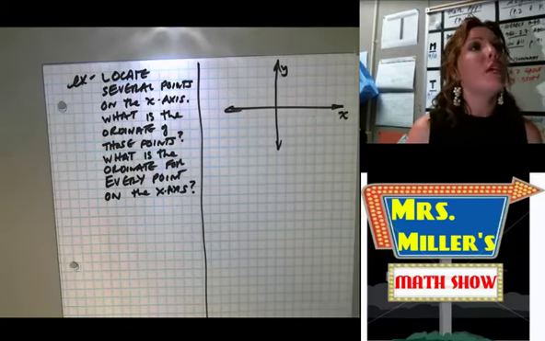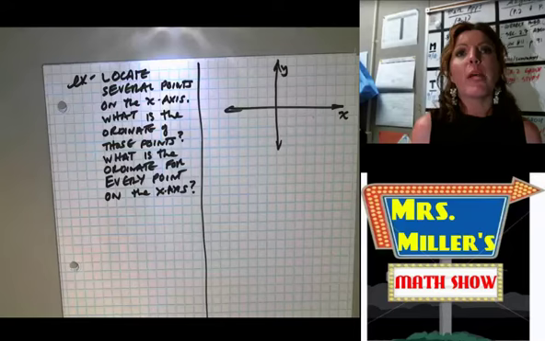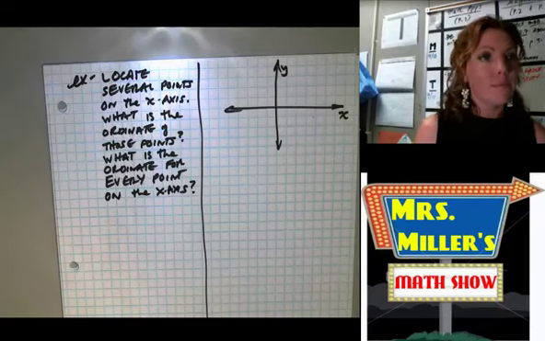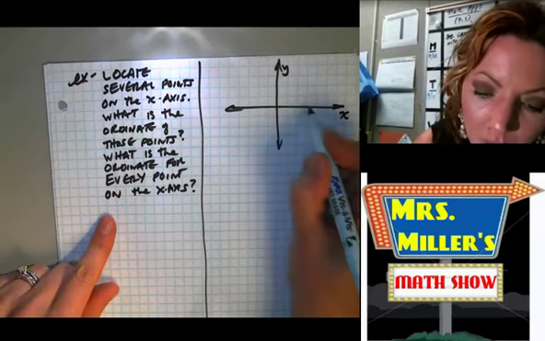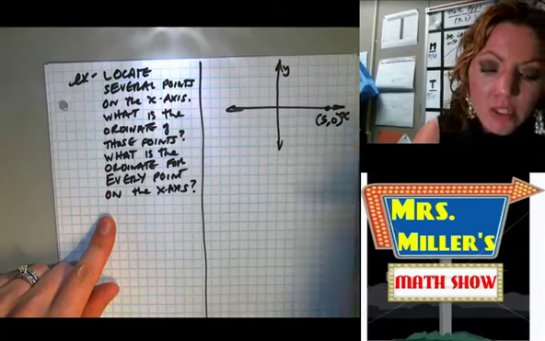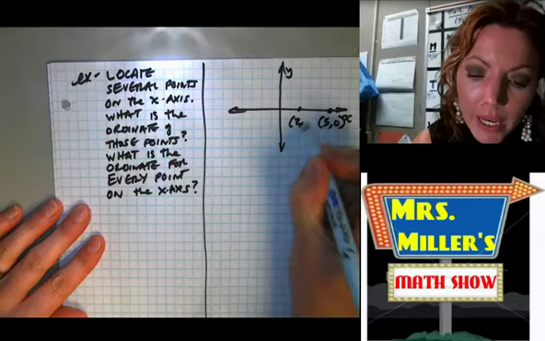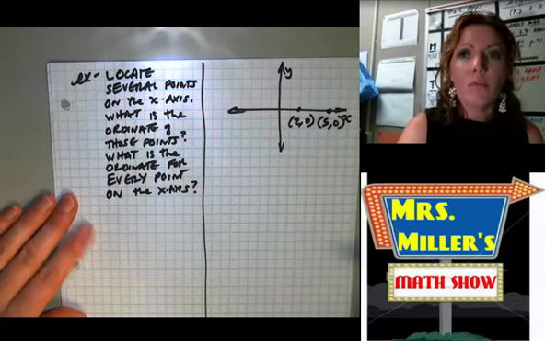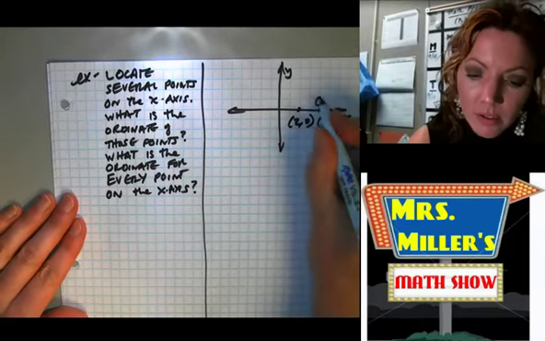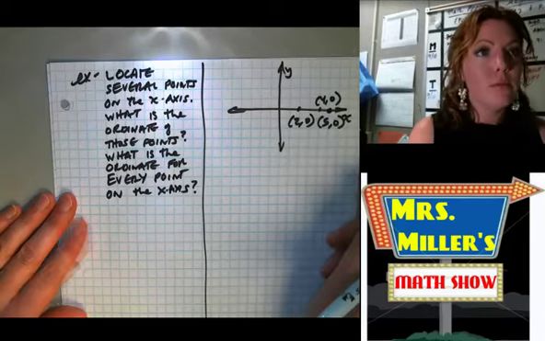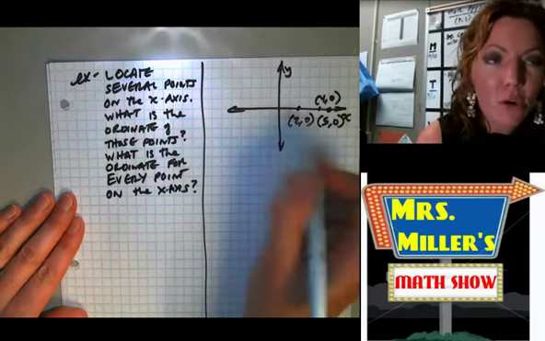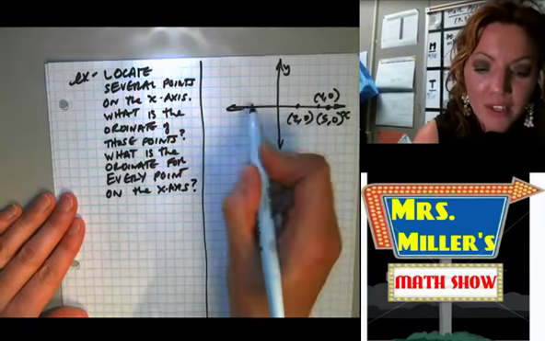Alright, so can somebody give me a point on the x-axis? Pick one. 5, 0. Okay, so that's the point 5, 0. Somebody give me another point. 2, 0. Okay, another point. 4. Are there any in the negative direction? How about negative 3. Okay.